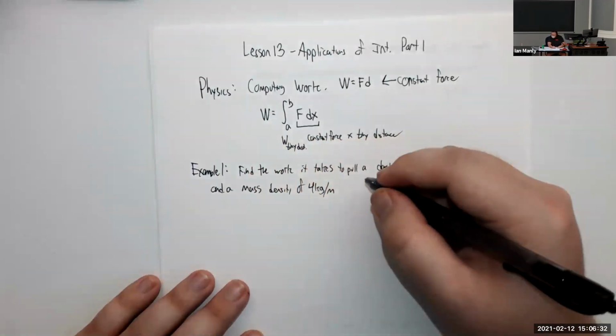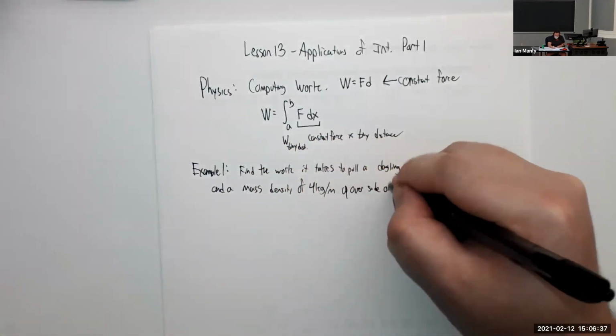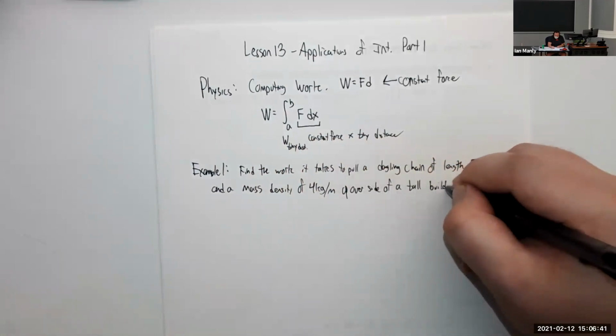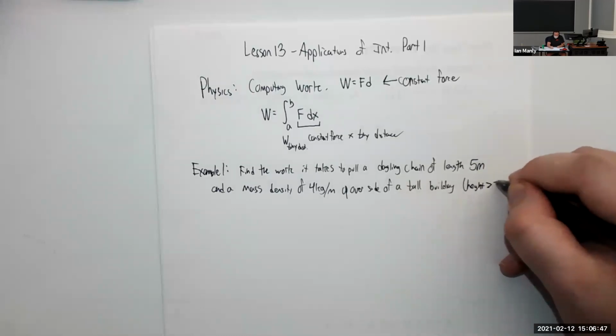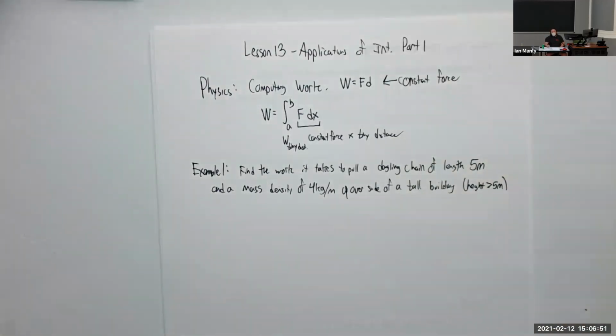I'll explain what that means in a moment. Up over the side of a tall building. And by tall, I mean the height is greater than 5 meters. So this way the chain is entirely hanging off the side and none of it is piling up on the bottom because the building is too short.